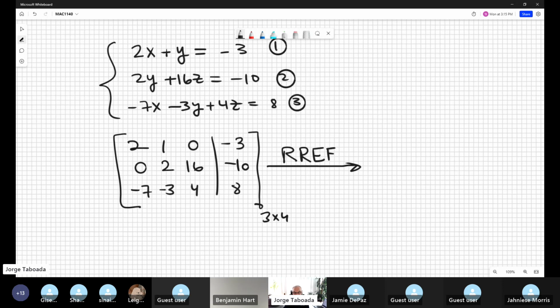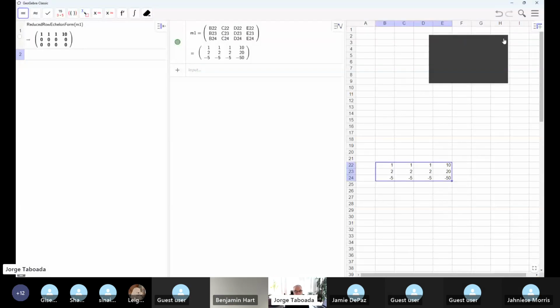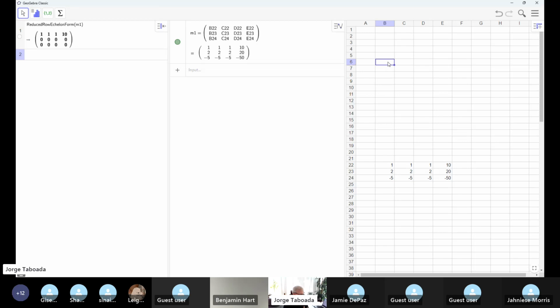Okay. Let me try to do it differently. Sharing, teaching, GeoGebra. There you go. Do you see? Yeah. Okay. I don't want to erase because there is no reason. I type the new numbers in any place. 2, 1, 0, minus 3.